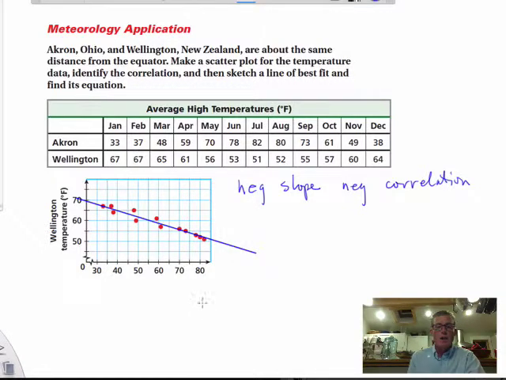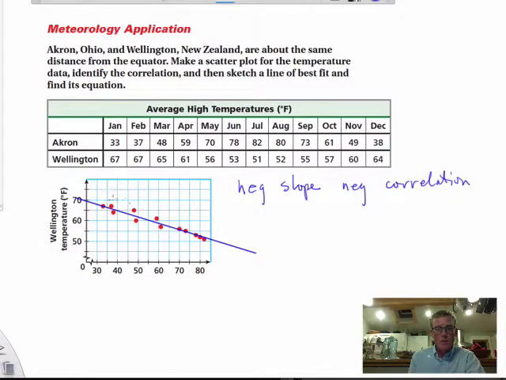Okay, so what's next? Well, let's see if we can find an equation that fits this data set. It doesn't have to be perfect, and you'll all get slightly different answers. What I'm going to do, though, is take this line that I've made, and make sure that it's roughly splitting the data points in half.